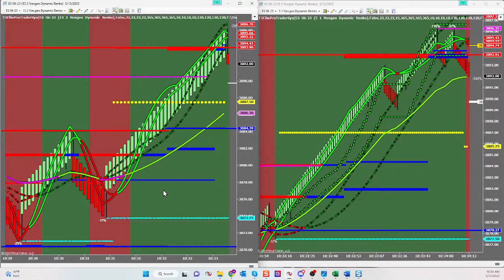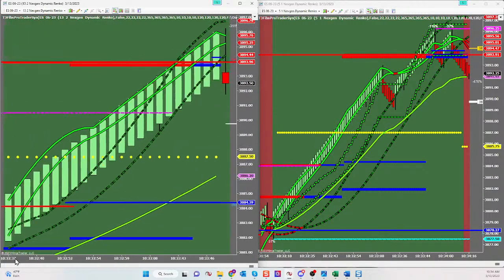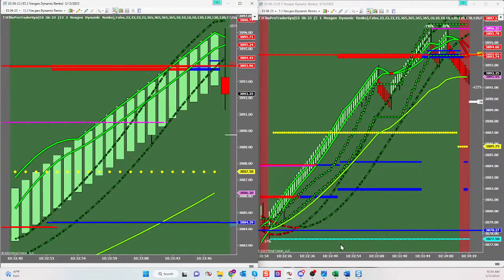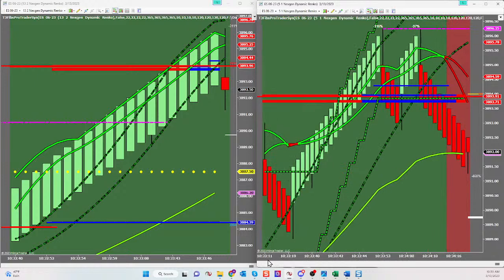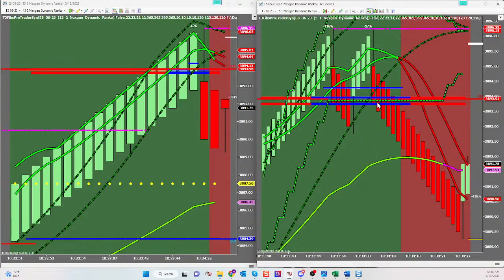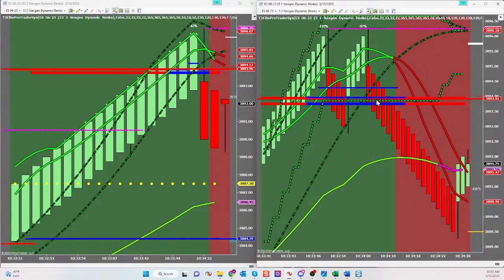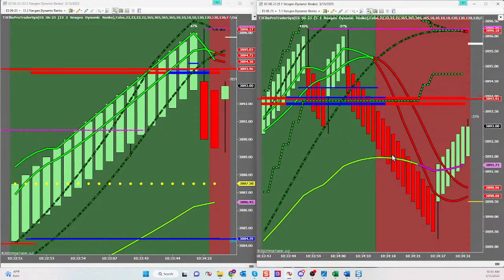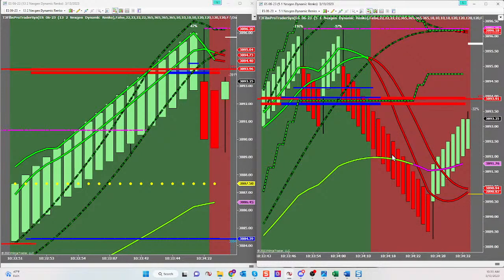Just got to be patient, right? Let's talk about it in the moment. Do I have the advantage of momentum? I've lost it on my 13.2. I've lost it twice on my 5.1. No areas of support. Guys, it's just a holding pattern there.